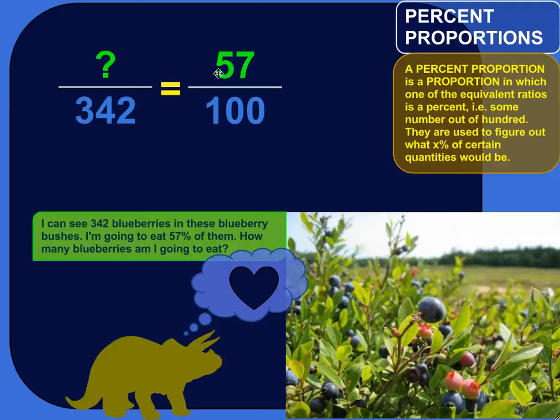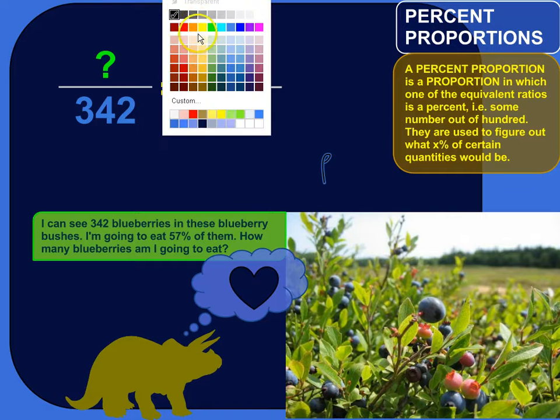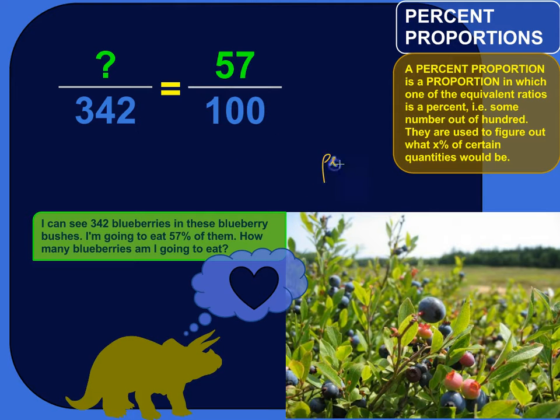Alright, so a percent proportion is a proportion in which one of the ratios is a percent. So what does percent mean, really? It's per cent, and cent means 100.